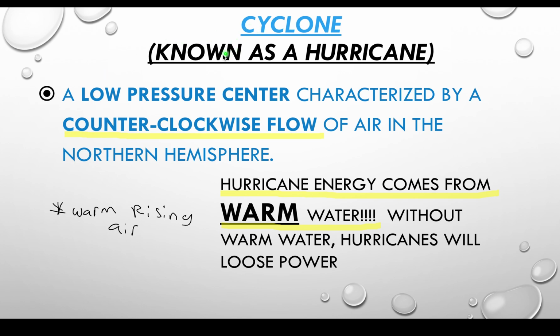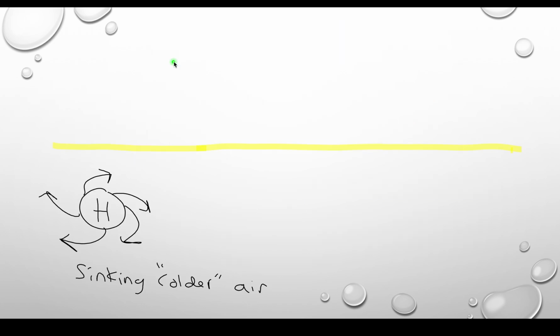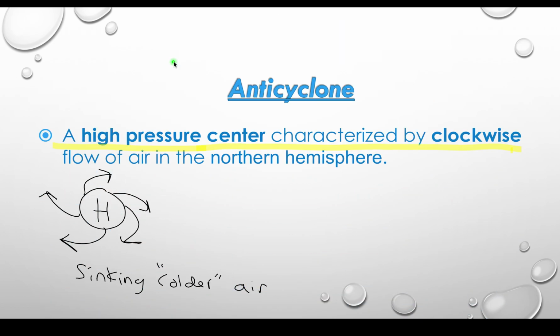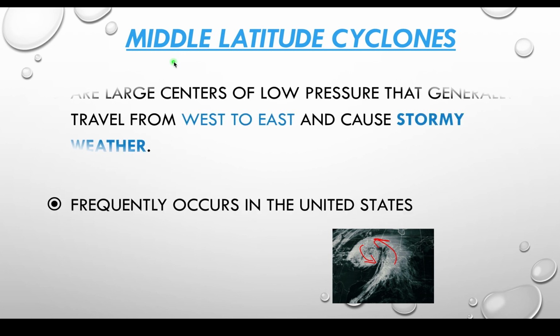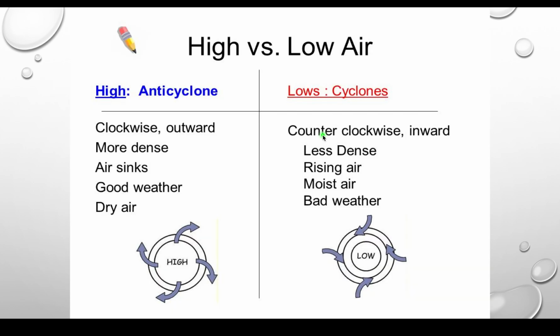Cyclones and anticyclones are very large, strong storms. Cyclones are low pressure. We call them hurricanes. Anticyclones are high pressure. What we see is that lots of these low pressure systems are pushed from west to east, and that's because of those prevailing winds in the jet stream.